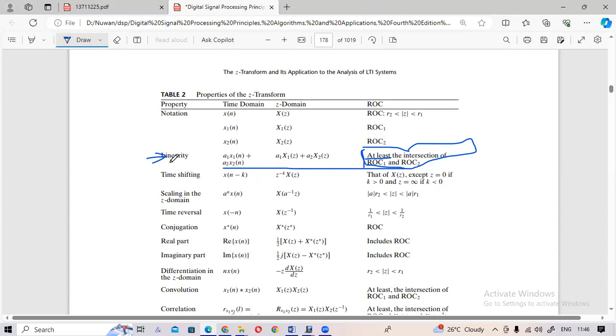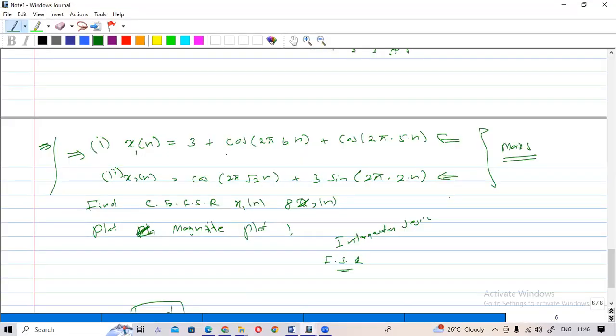For linear properties also, the ROC is not defined exactly, but it just gives a sense, a hint. So we will try to use this property to find the Z transform of this signal.